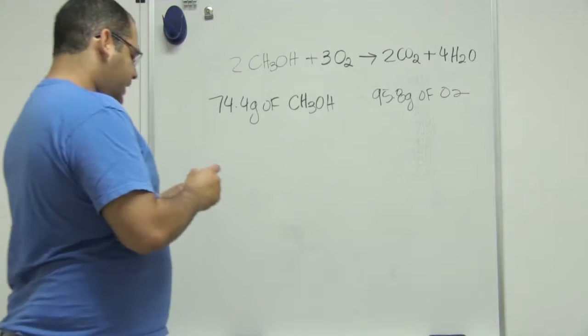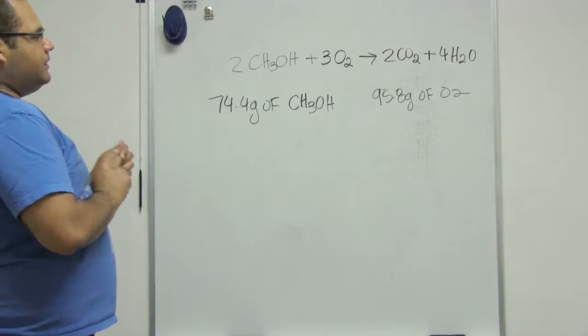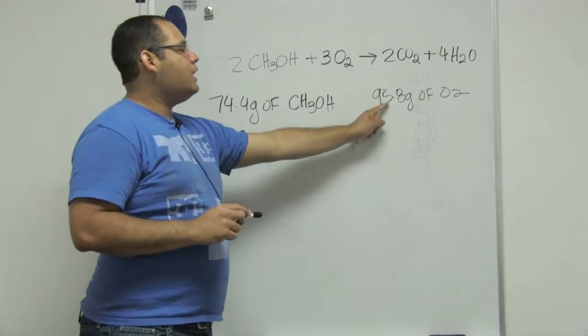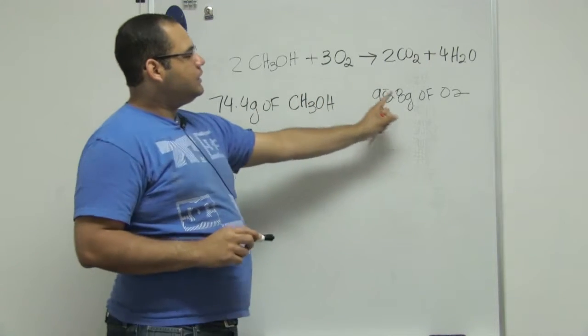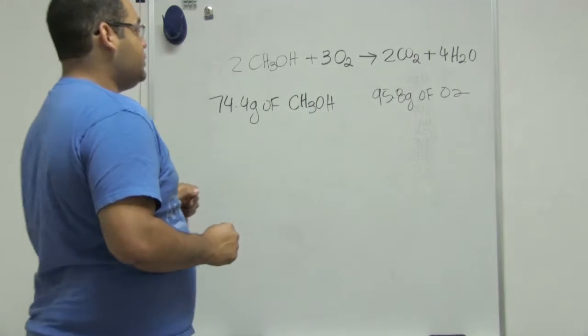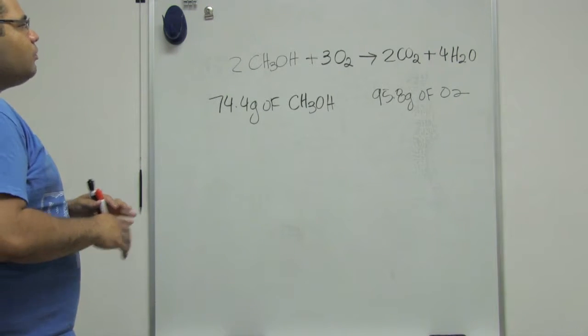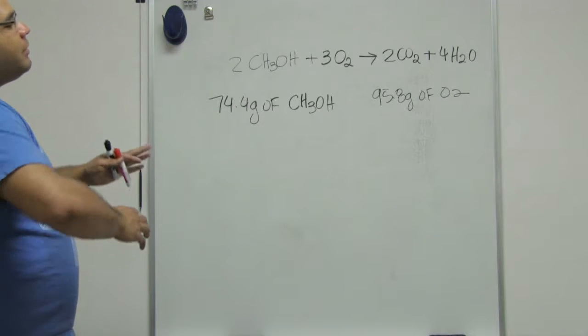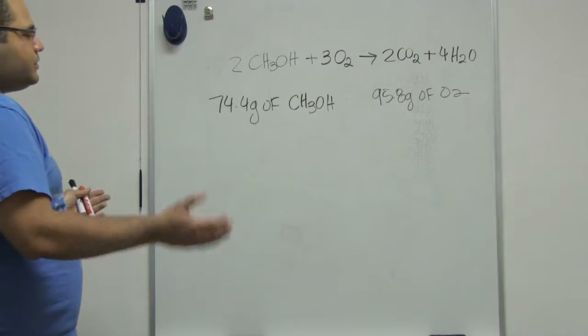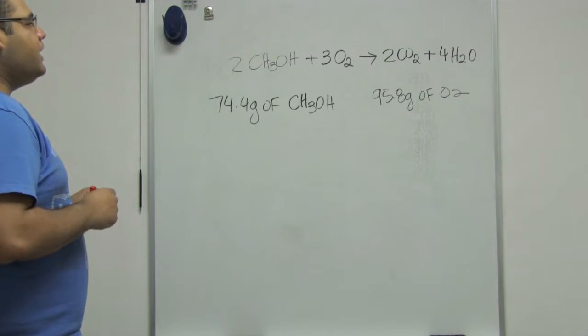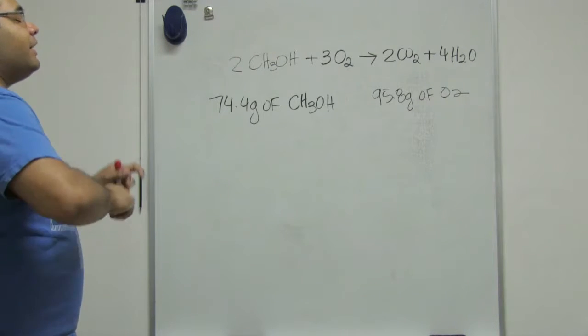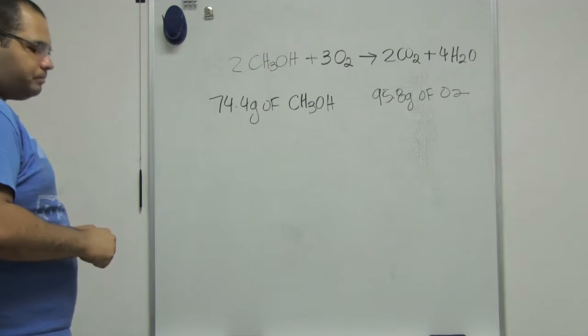So I have grams of methanol and grams of oxygen, but I don't know which of these two substances will be consumed first. So I need to figure that out, because once one of them is gone, the other is still going to have some left over, and if I choose the wrong one, I mess up my calculation.